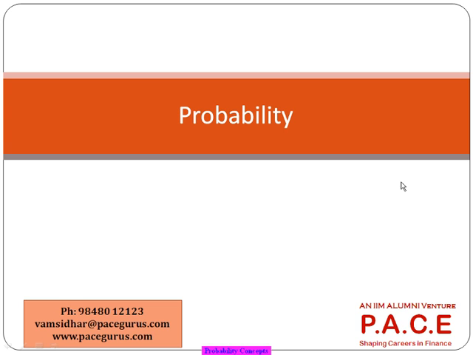Because probability is nothing but using the historical calculations or historical information I have, I'm making some kind of interpretation saying what is the chance of something to occur.